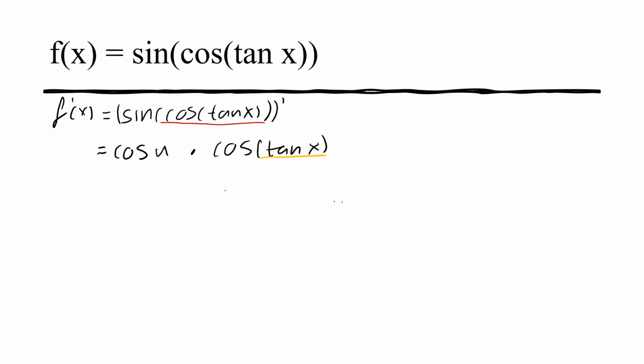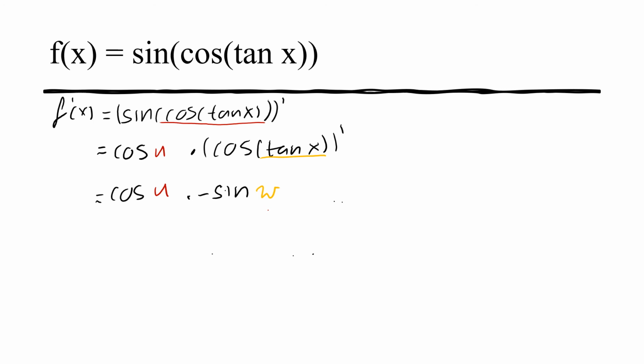So then that is going to have us with cosine u multiplied by, and the derivative of cosine is negative sine of w, and we'll actually write these in red as well. So negative sine of w, but we need to find the derivative of that w, so we need to multiply it by that.